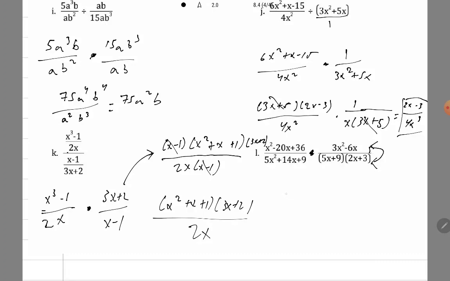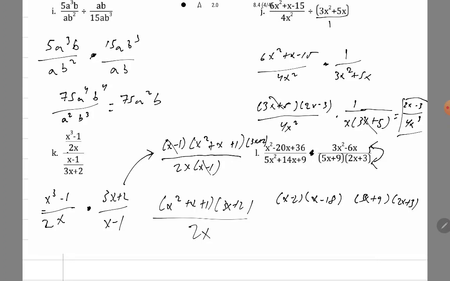And then I'm going to go ahead and factor. So the first one's going to be x minus 2, x minus 18. And then since we're flipping them over, it's 5x plus 9, 2x plus 3. Thank you for having some of it already factored.